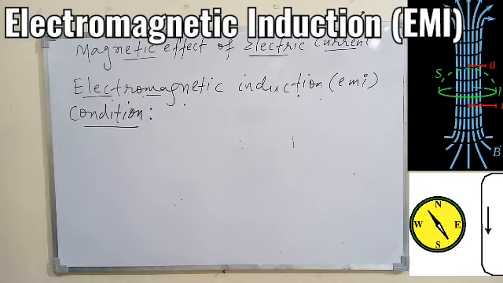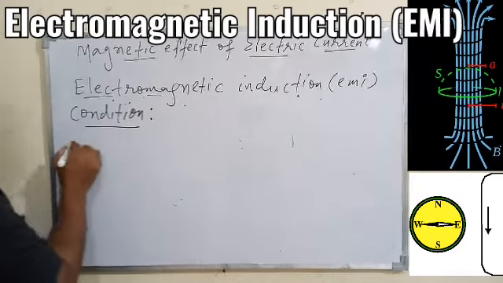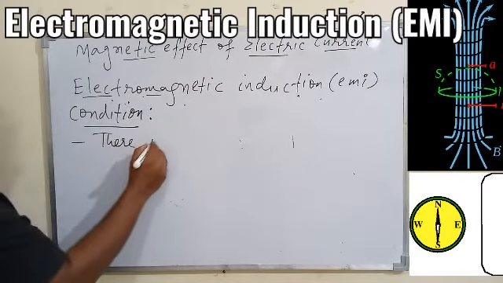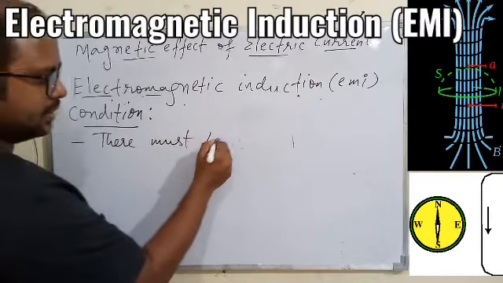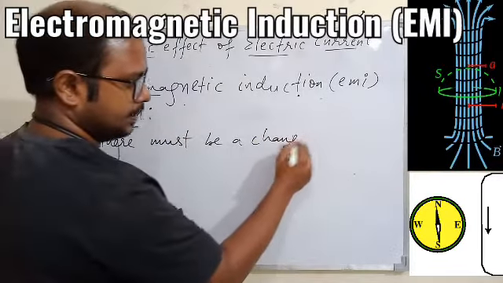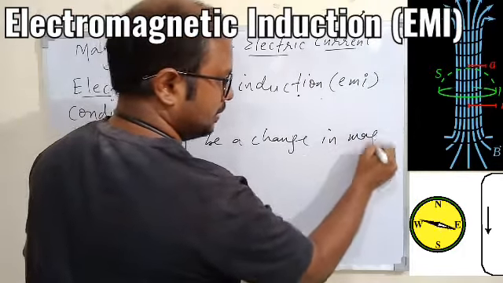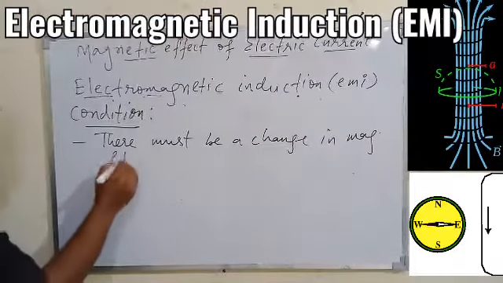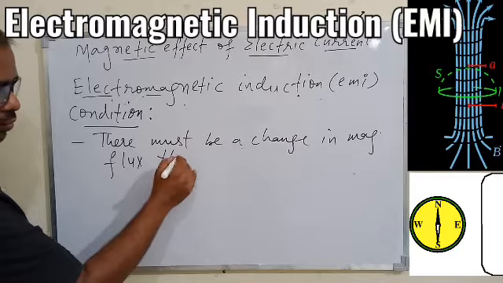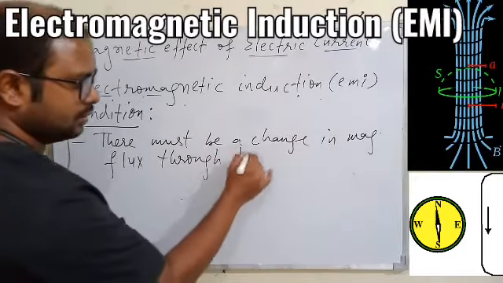The condition for the EMI is, the very first, there must be a change in magnetic flux through the coil.